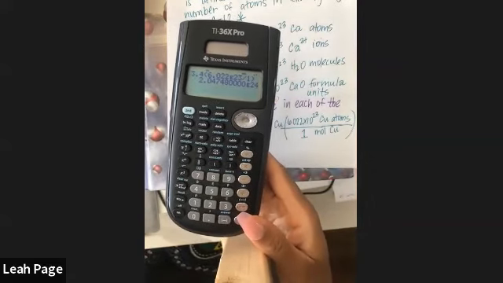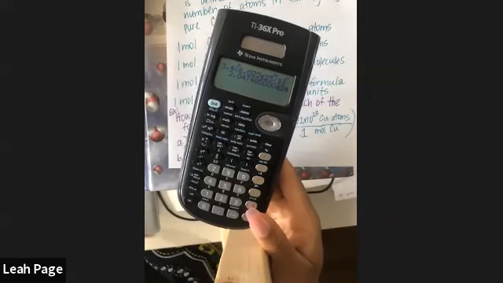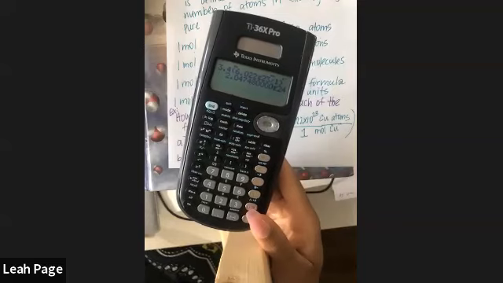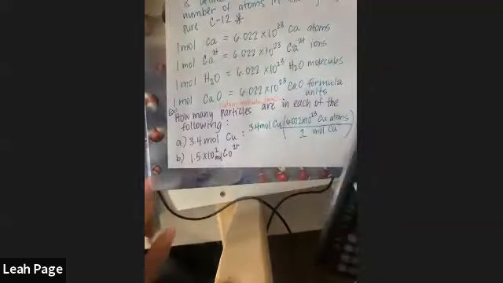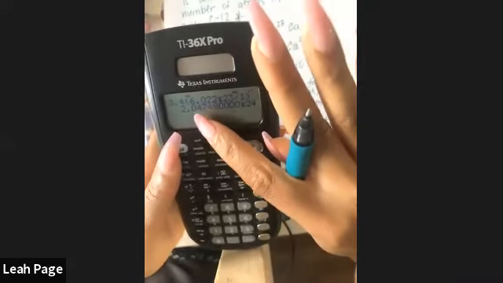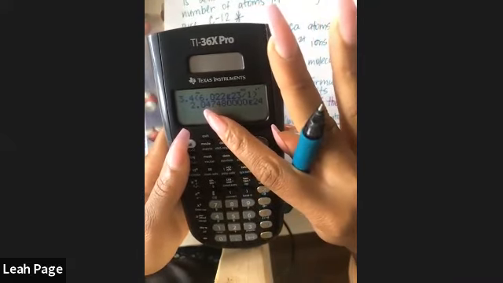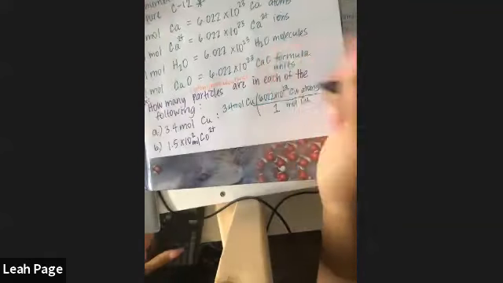How many sig figs do we need? 2. Okay, so we need 2 sig figs because we started with 2 sig figs. So our final answer should say 1, 2. We look to the right, we keep that as a 0 because it's a 4, times 10 to the power 24.